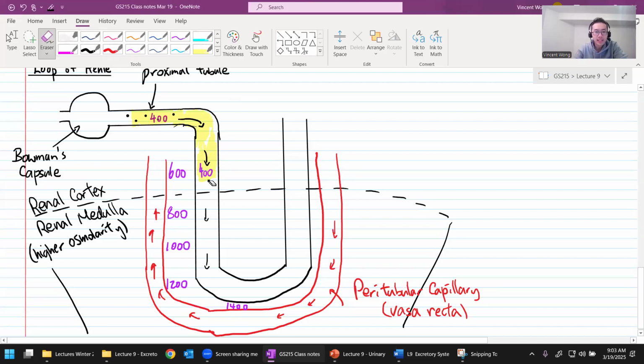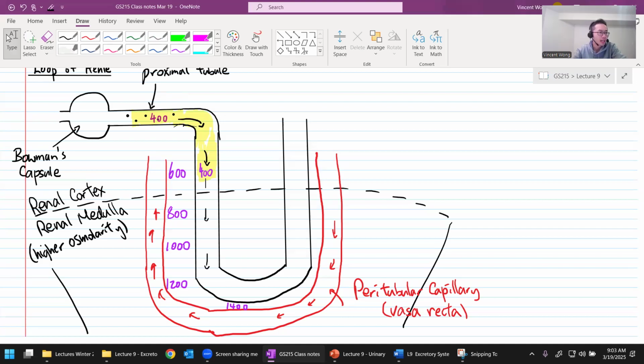Which way is water going to move? Please think about it. Is water going to move out of the nephron or into the nephron? We have 400 units of dots inside, and outside there are 600 units of the dots.